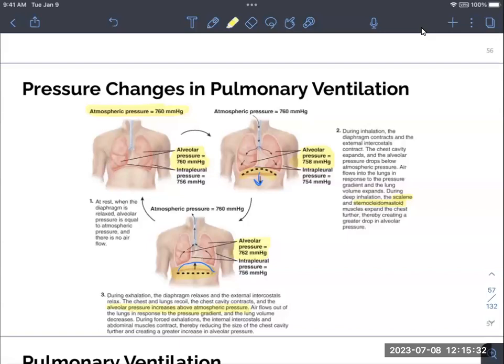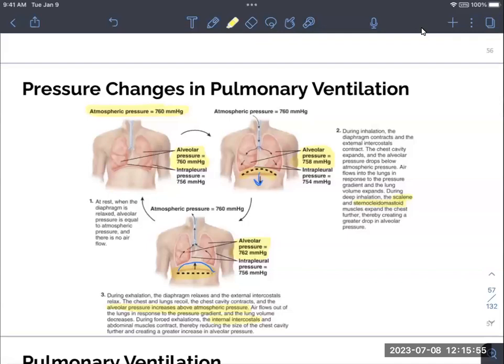If we do a forced exhalation, like blowing out candles, that's a good example of a forced exhalation. This is when we use other muscles, the internal intercostals, because when they contract, they bring the rib cage down even further.